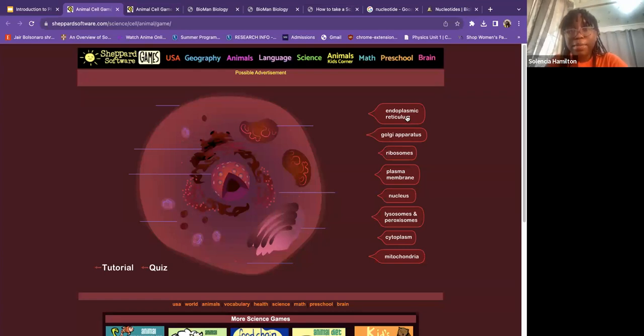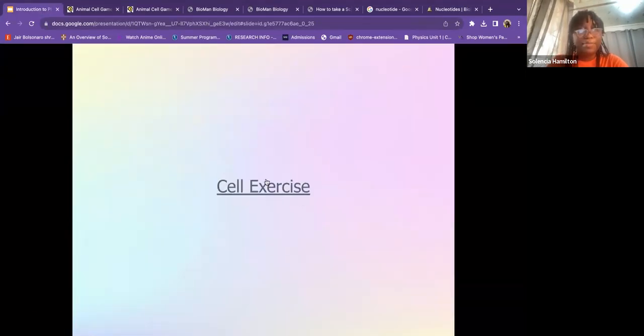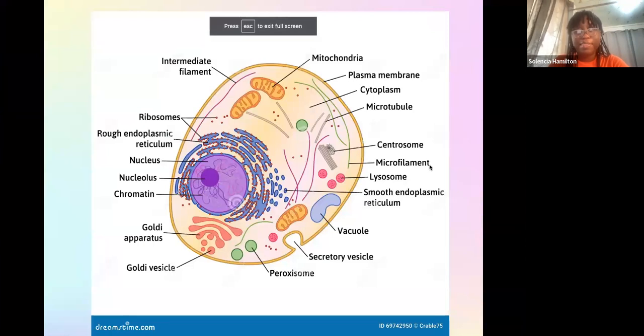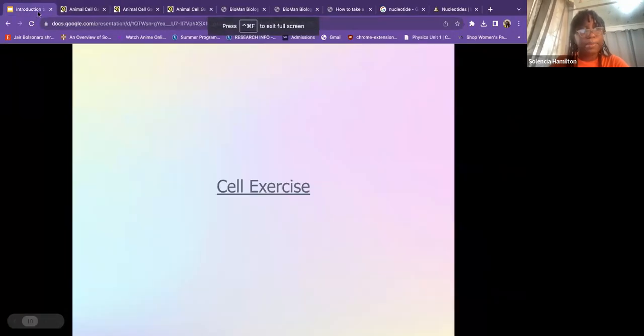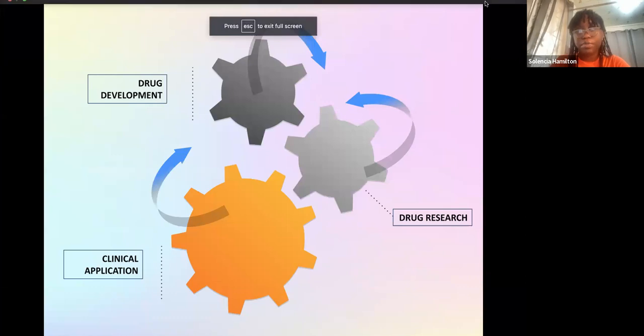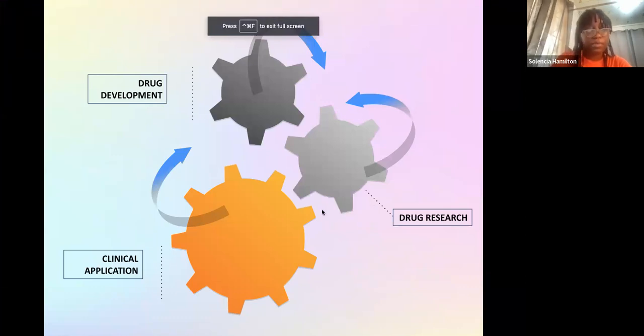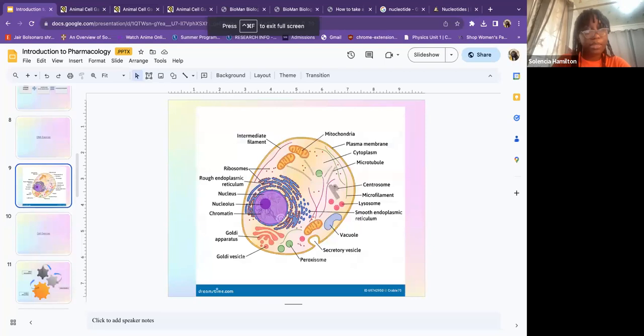So we have endoplasmic reticulum. So looking at this one, let's find endoplasmic reticulum. So this is where it is. It's surrounding the nucleus. So let's look for one in the picture that describes that. Okay, let me exit slideshow from here. Okay, so it's a little bit easier.